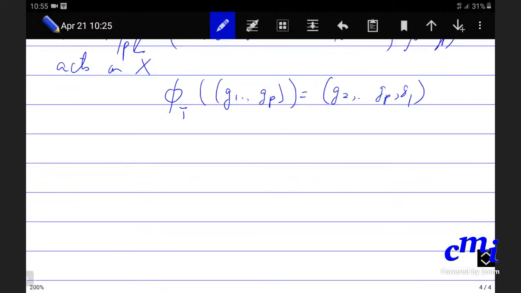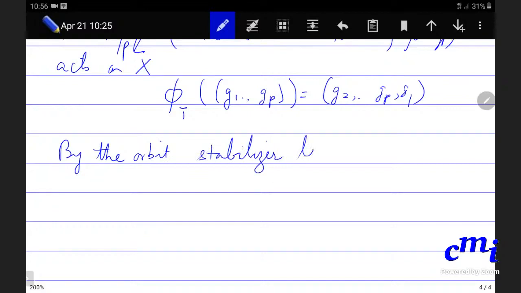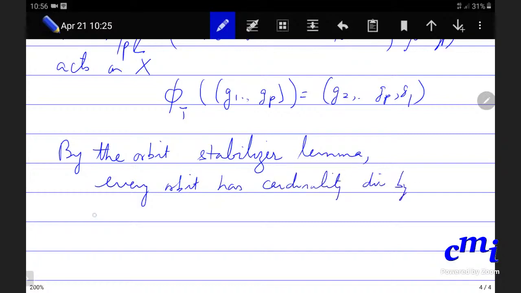By the orbit-stabilizer lemma, every orbit has cardinality dividing p.